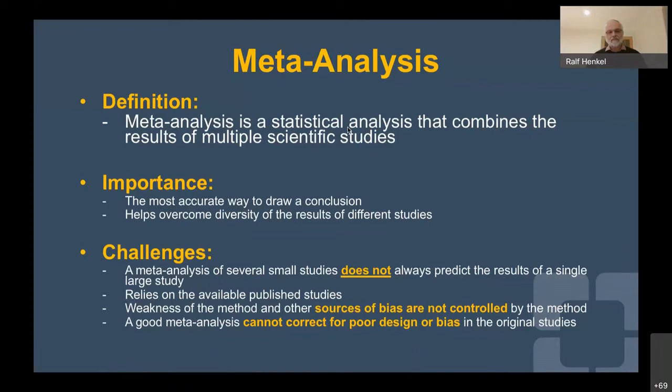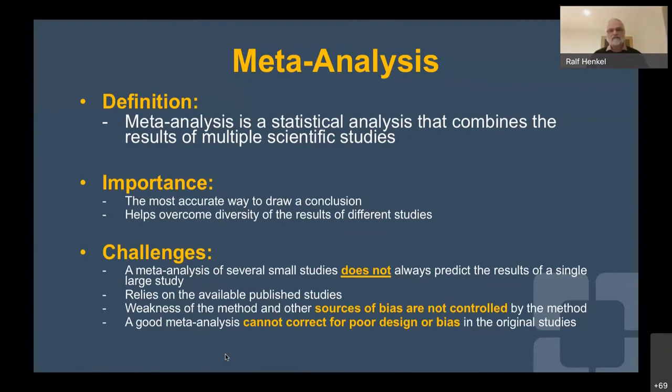But on the other hand, we must not forget that any study and any analysis, including a meta-analysis, has challenges. A meta-analysis is dependent on the studies that are available. So it does not always predict the results of a single large study.